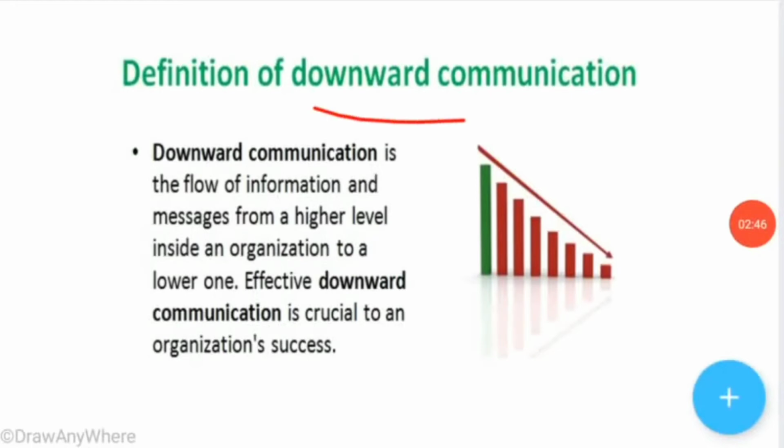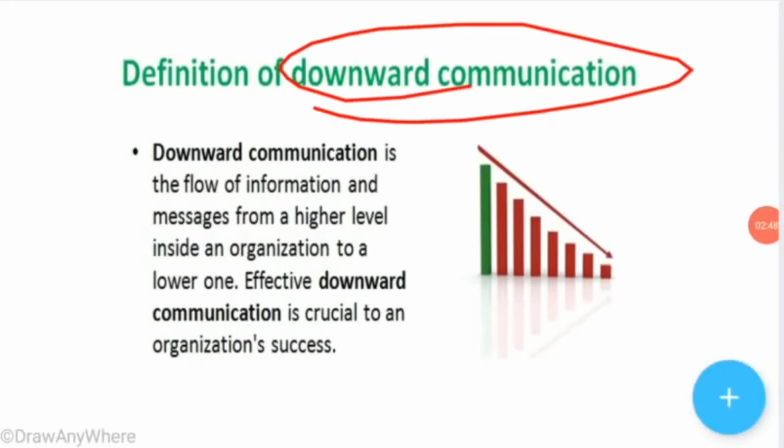Next one, downward communication. Downward communication is the flow or exchange of information from higher level to lower level. It is a flow from superior to subordinate. Effective downward communication is very important for the success of any organization. Downward communication can be oral and written.